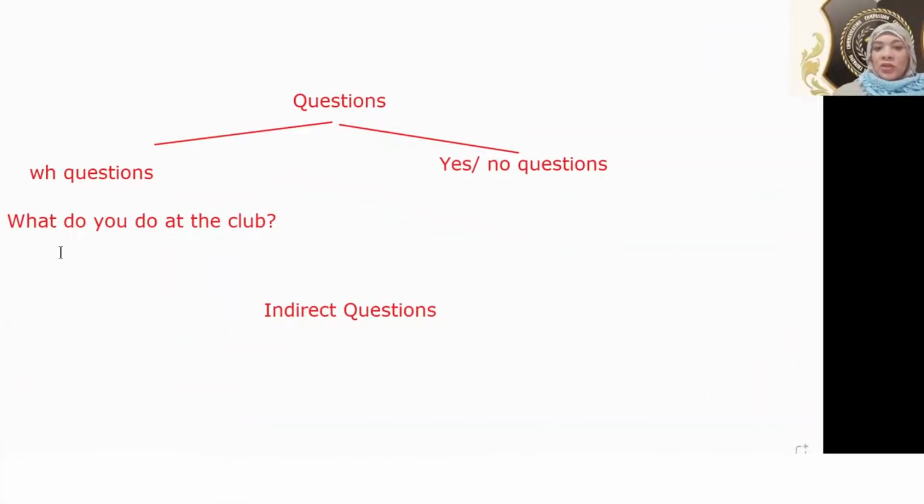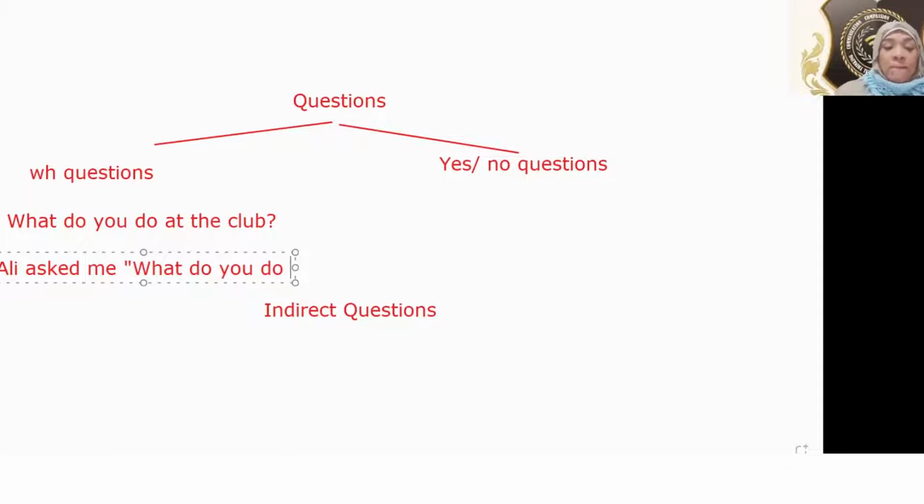Let's see how to change this WH question into an indirect question. So let's say that Ali asked me, and usually the direct question will come between speech marks. So Ali asked me, what do you do?